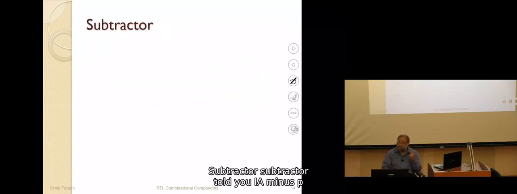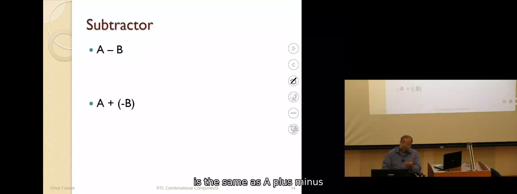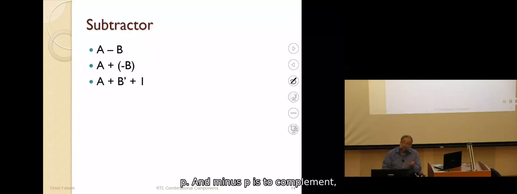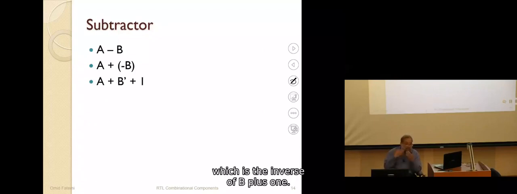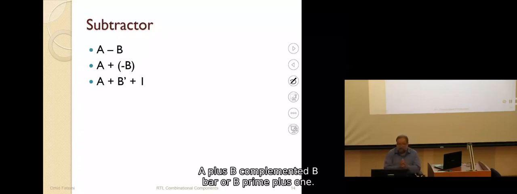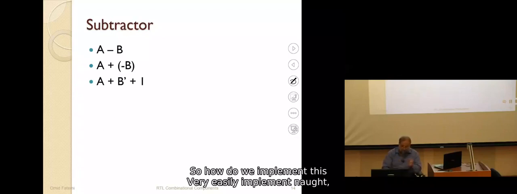Okay. Subtractor. I told you, A minus B is the same as A plus minus B, and minus B is 2's complement, which is the invert of B plus 1: A plus B complemented, B bar or B prime, plus 1. So how do we implement this?